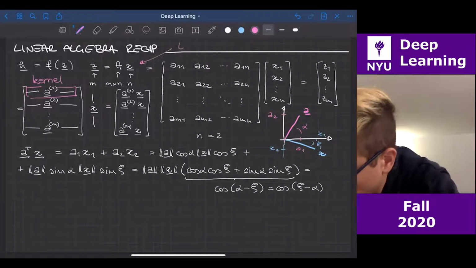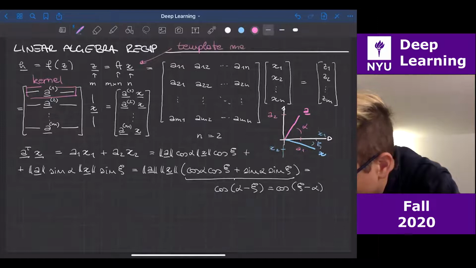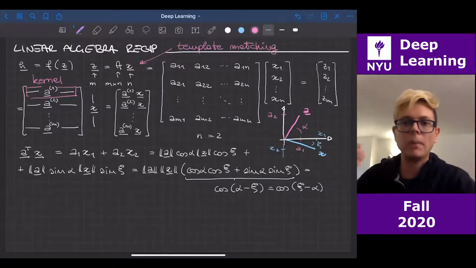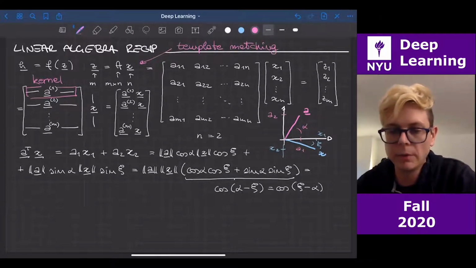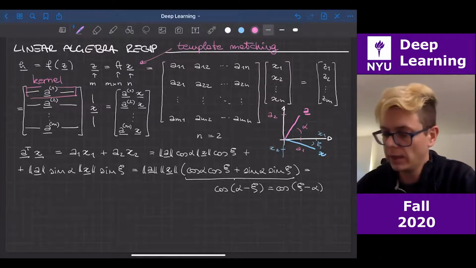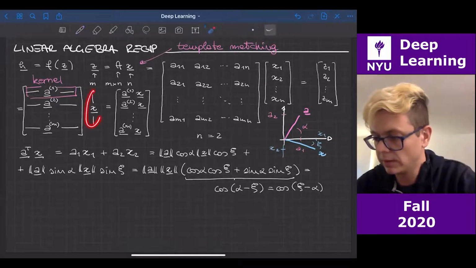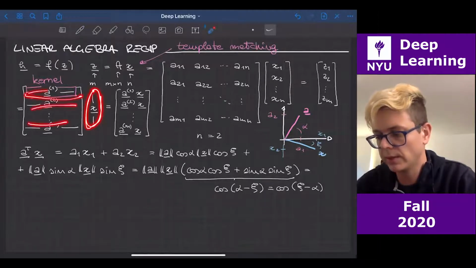So this is called template matching. So you simply check how much is the scalar projection, the scalar product, the geometric projection of the given signal or given symbol, like given vector, towards each of these kernels, right?